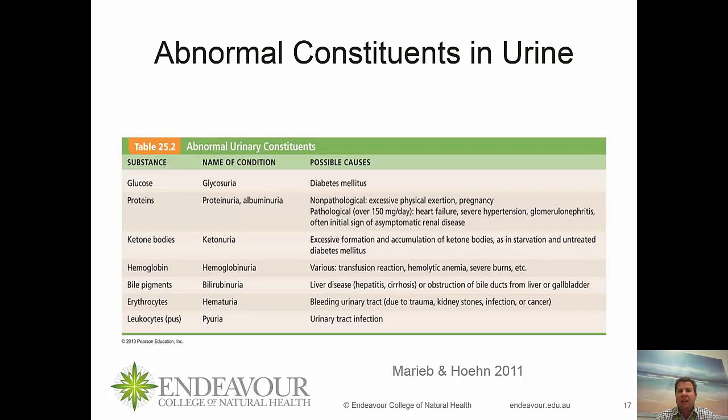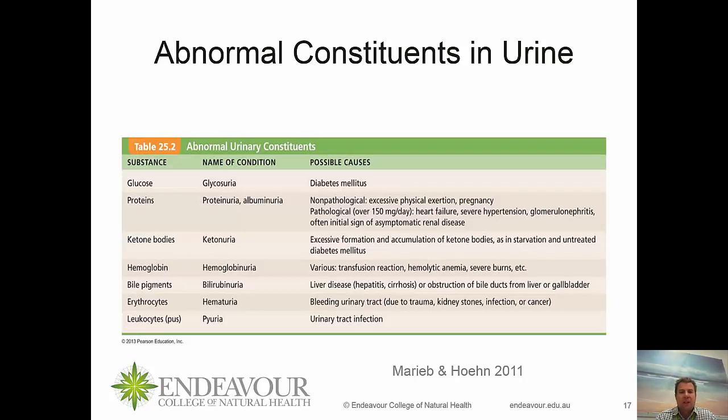And this can lead to the formation of ketone bodies. It could also be a sign of starvation, so if you're really depriving your body, particularly of carbohydrates, your body switches to breaking down fats and amino acids and can, of course, create the state of ketosis.